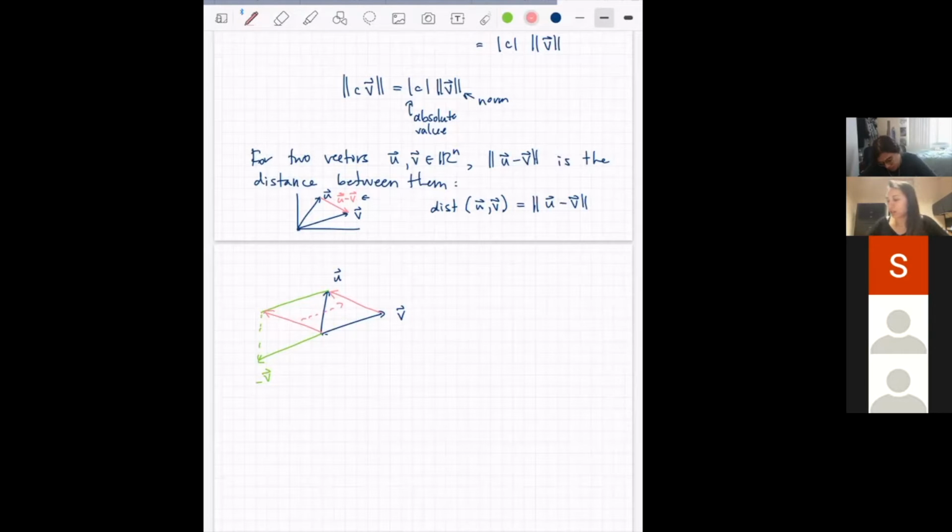And it's just convenient because we have this parallelogram picture for adding vectors, right? Where we get this guy, and this will be u plus v here. And then u minus v would be this vector here, just translated so that it starts at the origin.